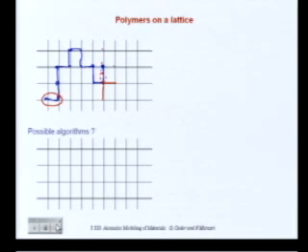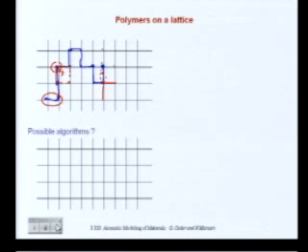You can do other things. You can do what's called the kink jump. Whenever you have a square corner, you can kink it over and do this. Again, that's a symmetric perturbation. You can just as easily go from here to here as from here to here.